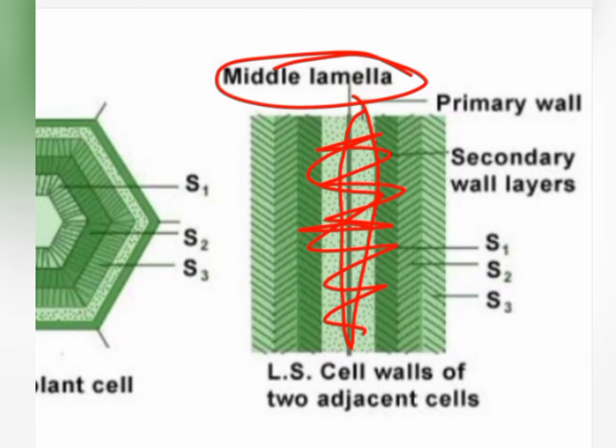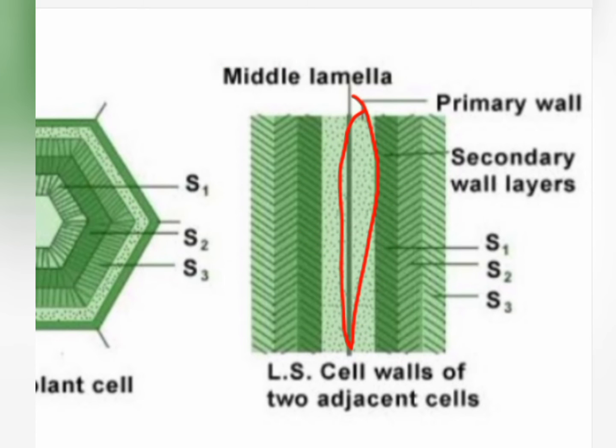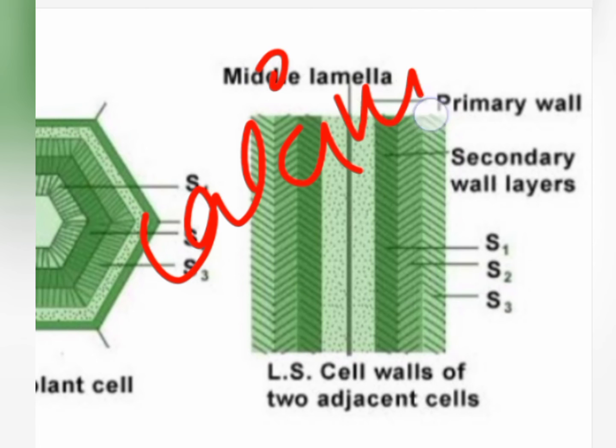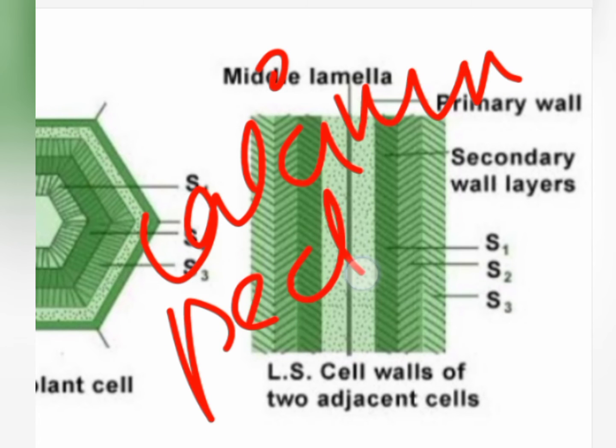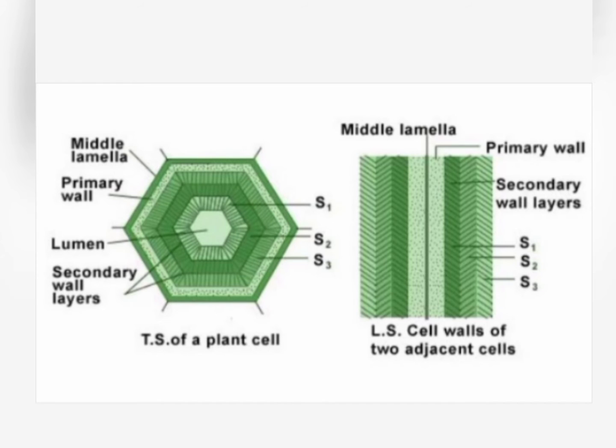Middle lamella is termed as the cementing or the binding material of the cells, because it binds or connects two adjacent cells together. And what is this middle lamella composed of? Yup, it is composed of calcium pectate. Okay, it's composed of calcium pectate. Alright? Okay.